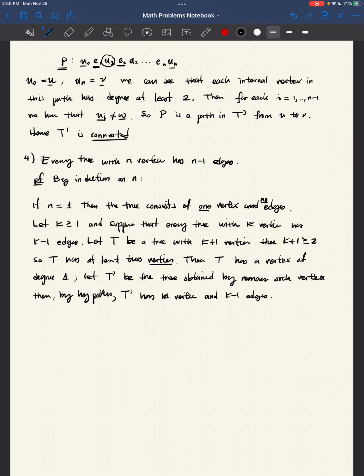Well, imagine that you put it back, right? So T has k plus 1 vertices. And, well, look, all that we're going to do is restore that edge. And with this, we conclude the proof.